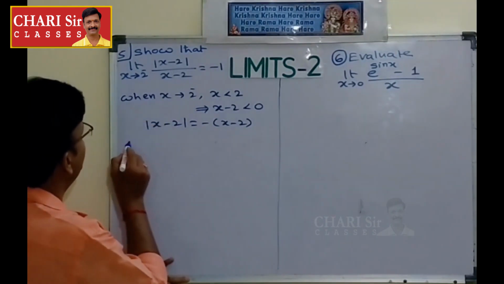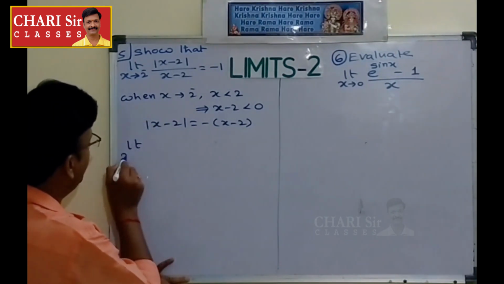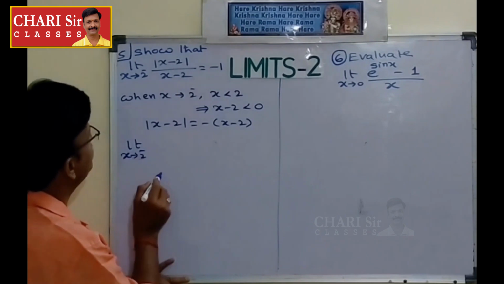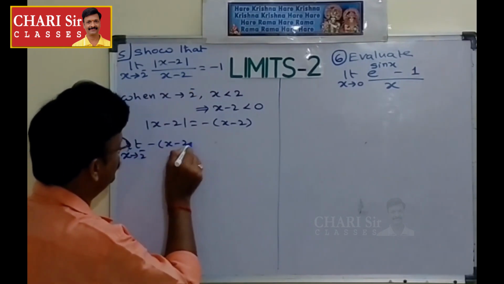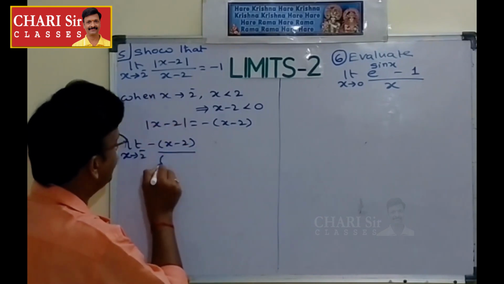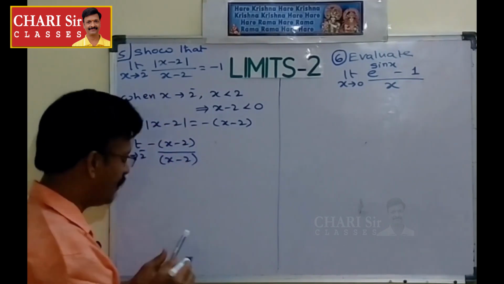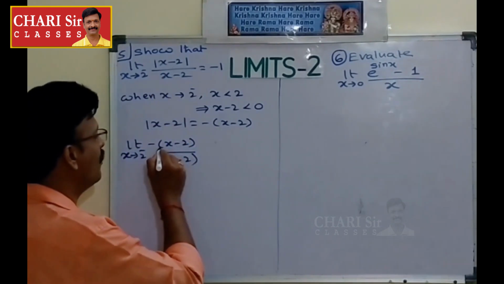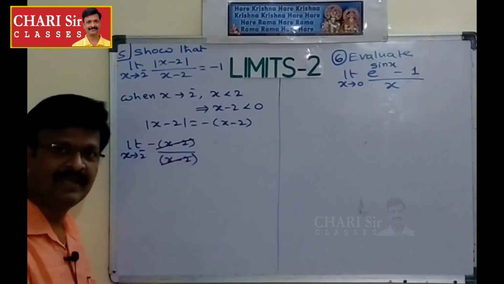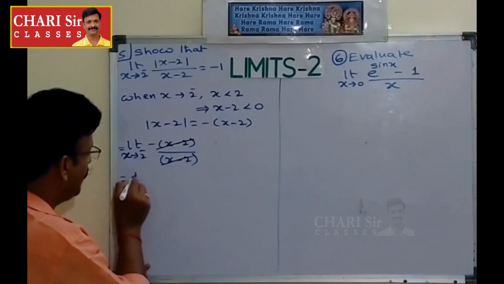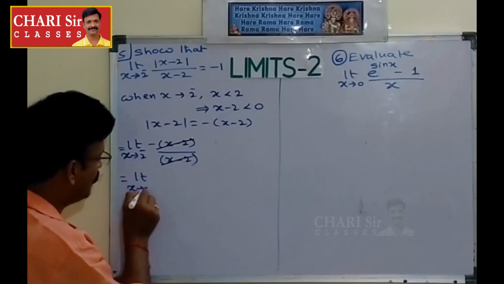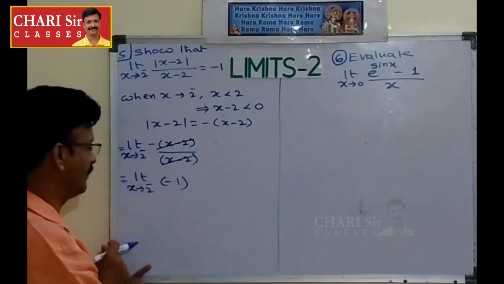Now let's write down the limit x tends to 2 minus, modulus of x minus 2 means minus of x minus 2, divided by x minus 2. In the numerator and denominator, x minus 2 and x minus 2 cancel, and you get limit x tends to 2 minus of minus 1.